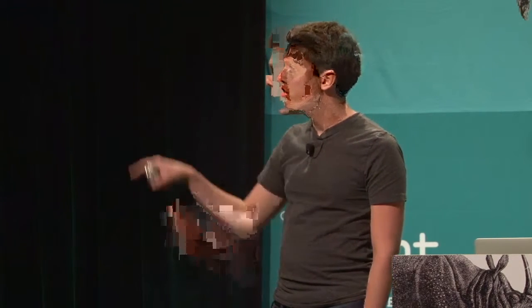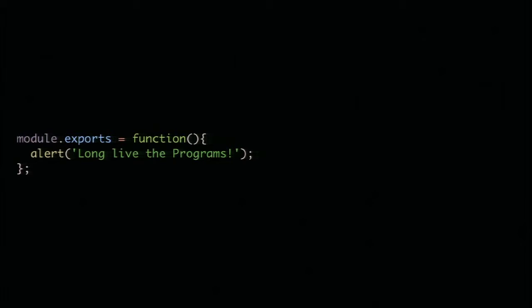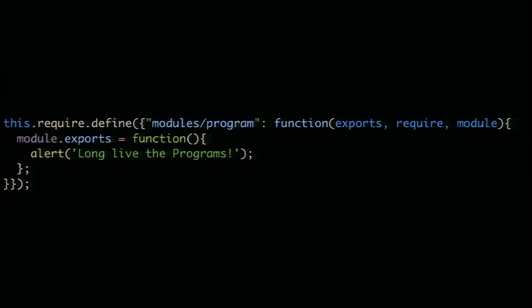Sprockets CommonJS extends Sprockets with support for CommonJS. All you have to do is put .module in the name of a JavaScript file, and it'll automatically be wrapped up. So your JavaScript file might look like this, module.exports, and when it's served up to the client, it'll be wrapped up in this require.define function.